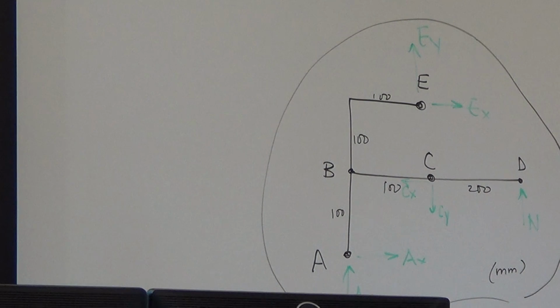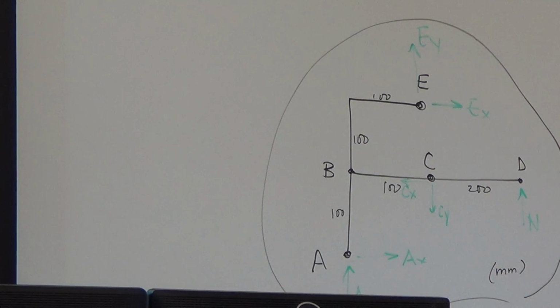Let's make the assumption that the question is asking us to find all the forces in ABE. So that's 6 of them. How many equations are we going to need? 6 equations. If the problem says find all the unknowns in member ABE, we have 6 unknowns and we need 6 equations.